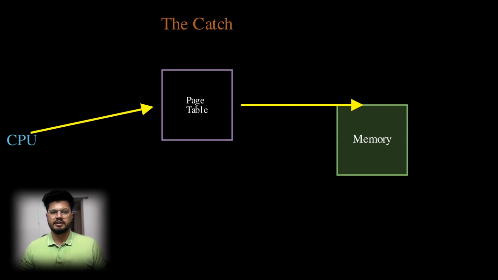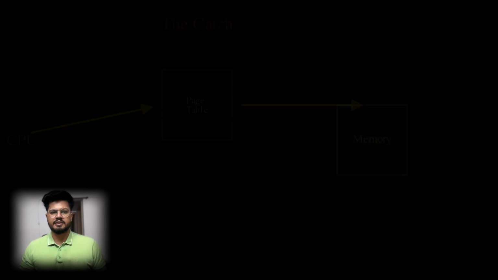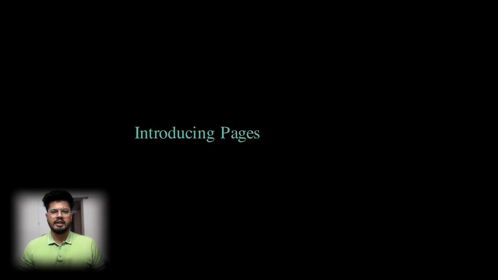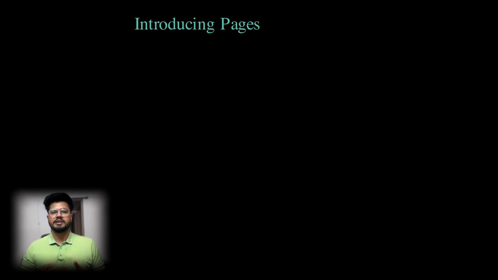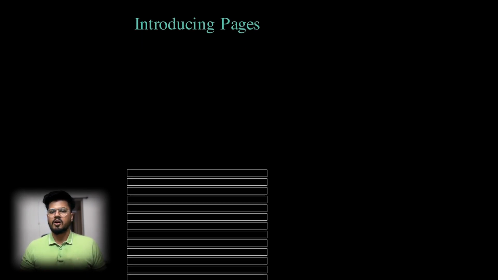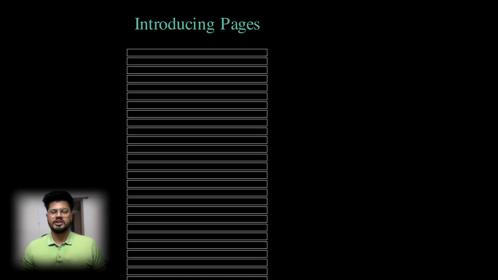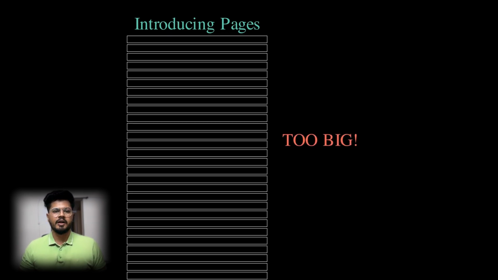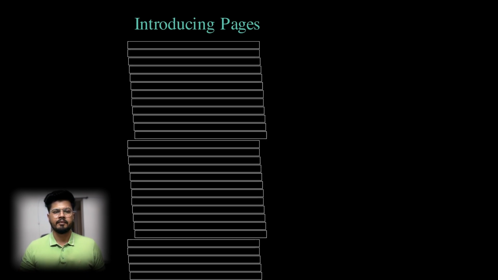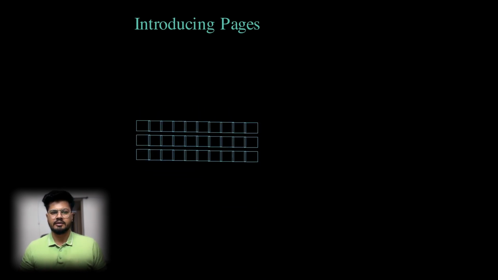We need coverage for the entire address space. Instead of mapping memory word by word, let's zoom out. Imagine this table going on and on and on. It's too big. What if instead of mapping individual words, we group them into pages?